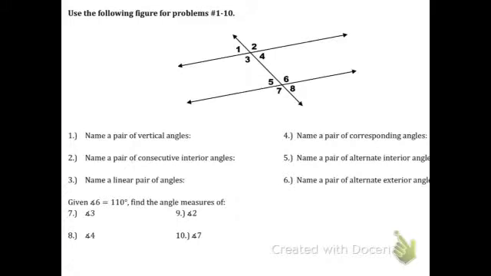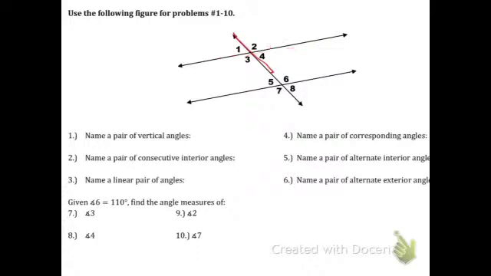On this first one, 1 through 6, you're just identifying pairs of angles that meet that particular vocab word. So vertical angles, consecutive interior, linear pair. And I'm going to list all the combinations because there's actually multiple answers for quite a few of these. Vertical angles are angles that are opposite of two intersecting lines, so like 2 and 3, 1 and 4.